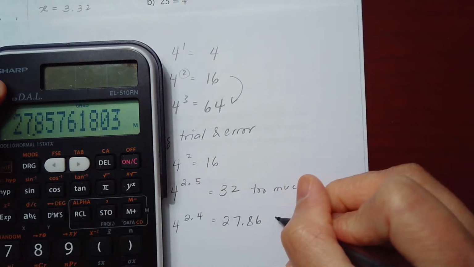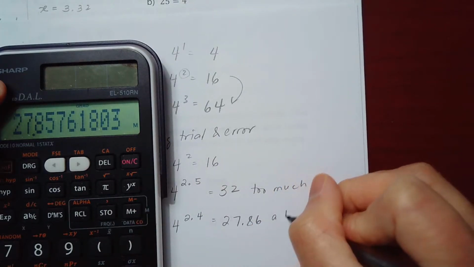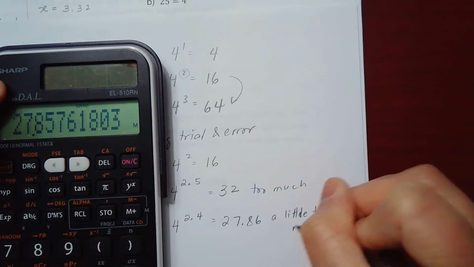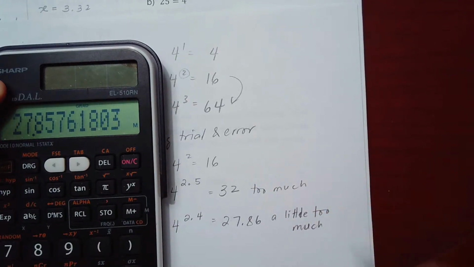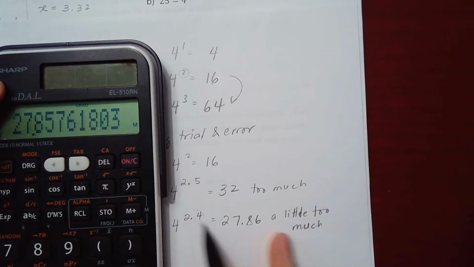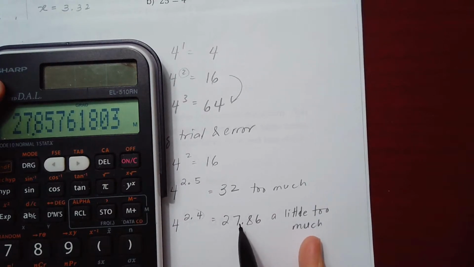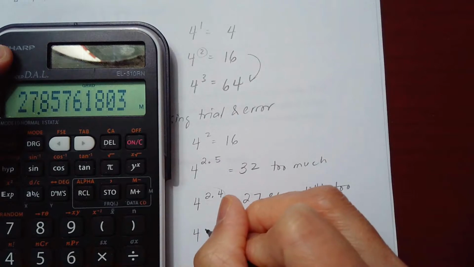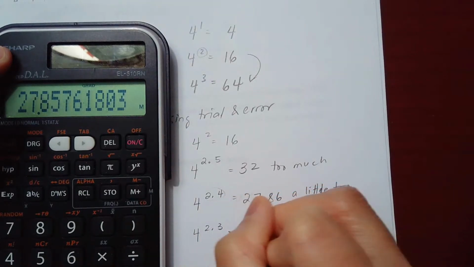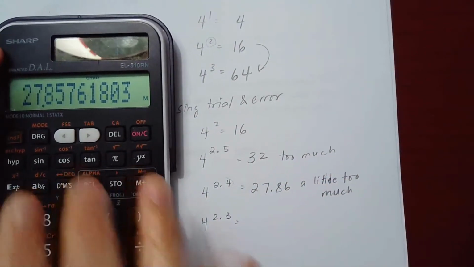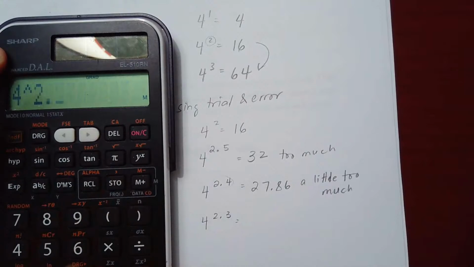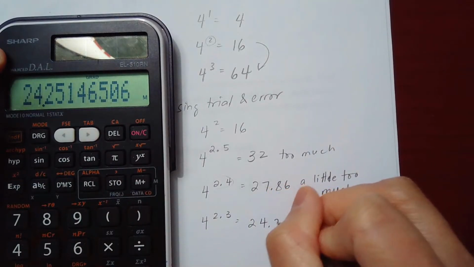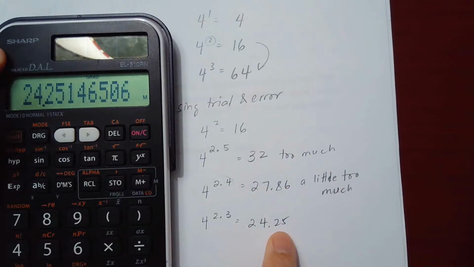It's still a little too much. Okay, remember what we're trying to do is figure out the exponent that when we apply it, we're going to get 25. So let's go 4 to the 2.3. That's probably the next thing that you're thinking about. So it's going to be 24.25. Okay, that's a little less.